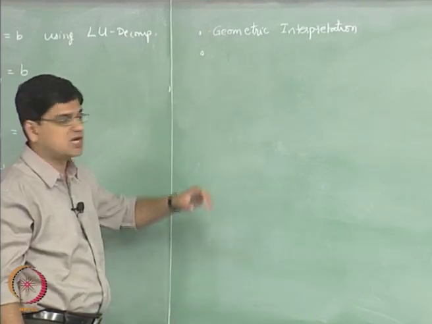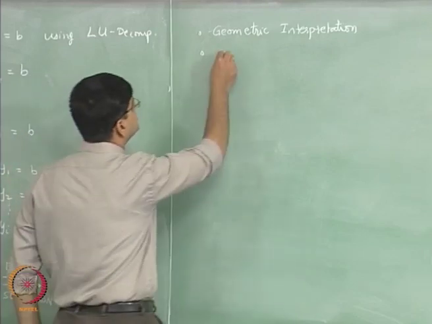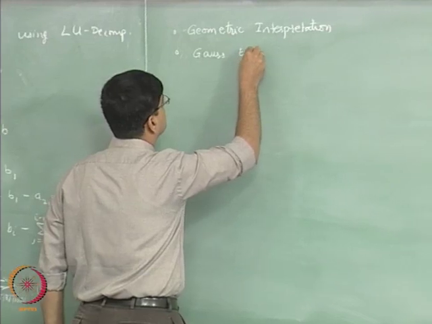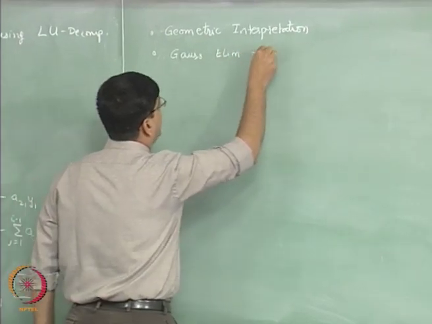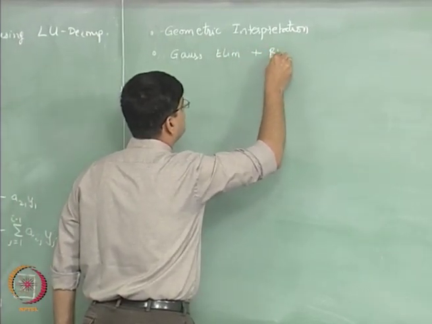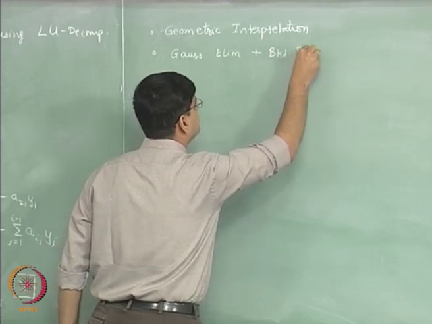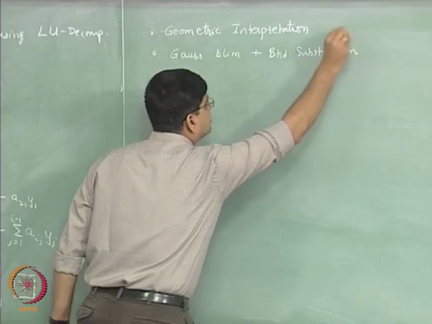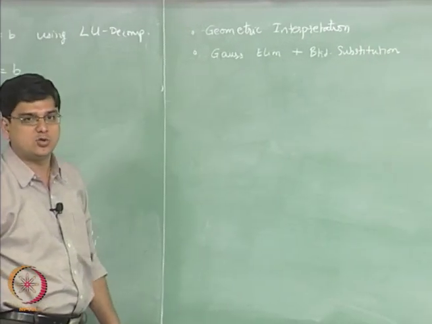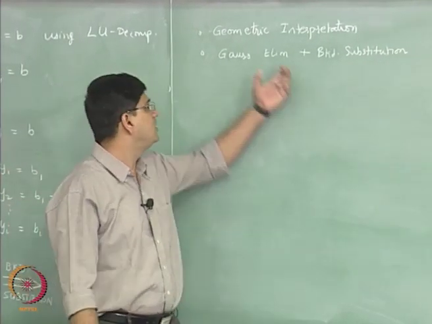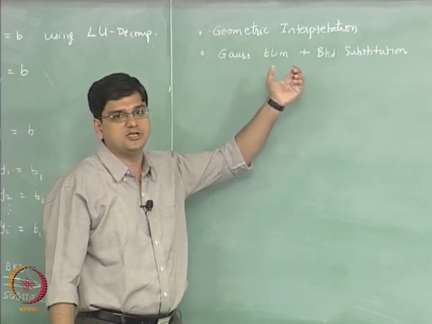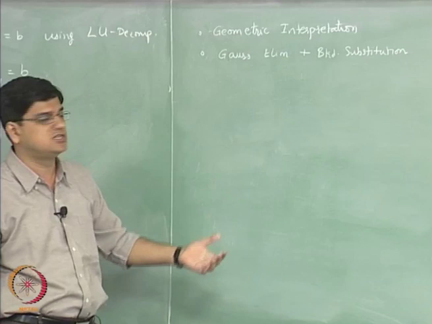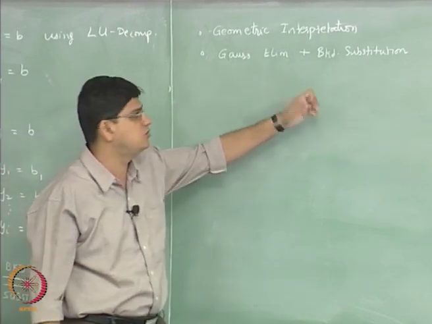After that, we started talking about the Gauss elimination method, and also we talked about backward substitution. We specifically took a 2 by 2 and then a 3 by 3 example to talk about the Gauss elimination method, but tried to expand it to a general n dimensional system in n unknowns.